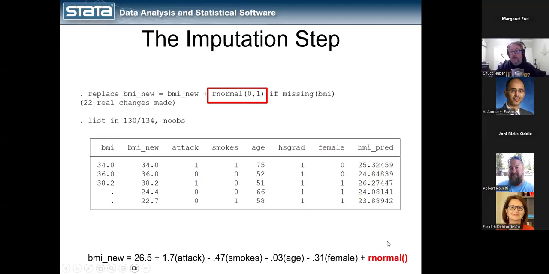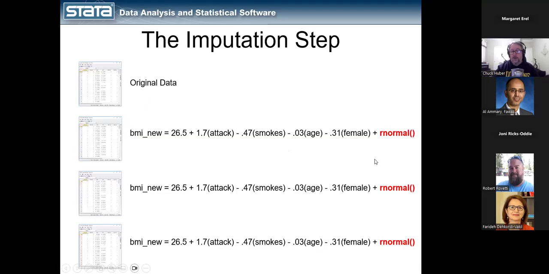And what throwing in a little bit of random noise does is that each data set is slightly different. So for the first imputed data set, little m equals 1, I might add 1.7 to an observation. The second imputed data set, I'm going to get the same conditional mean, but I'm going to add 0.9 to the value.